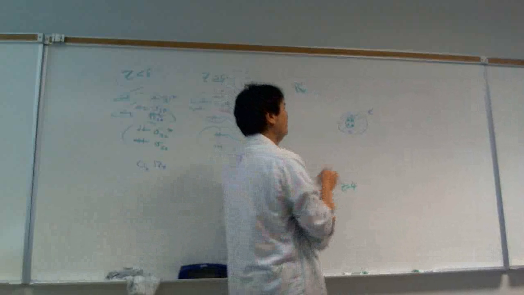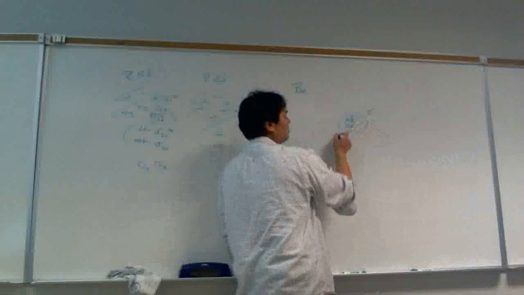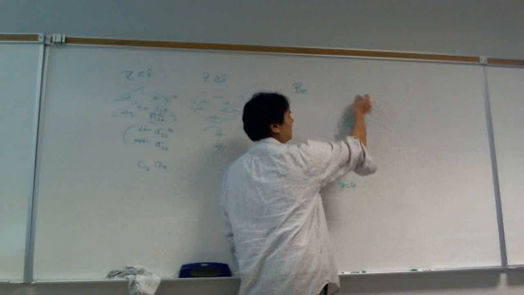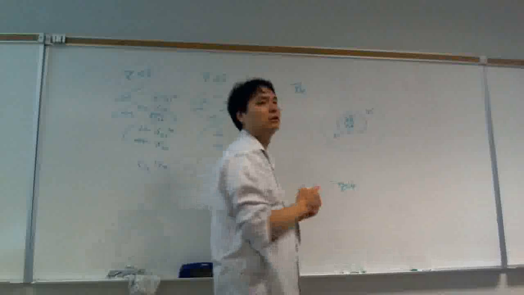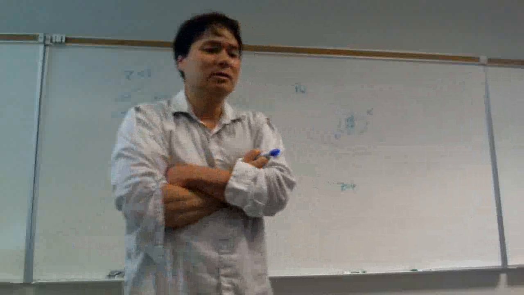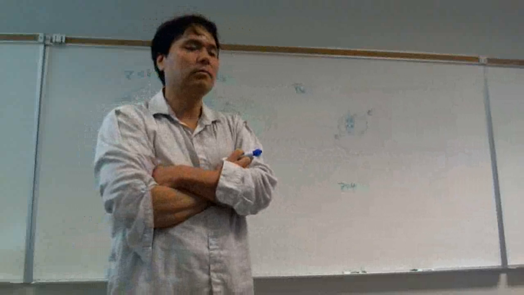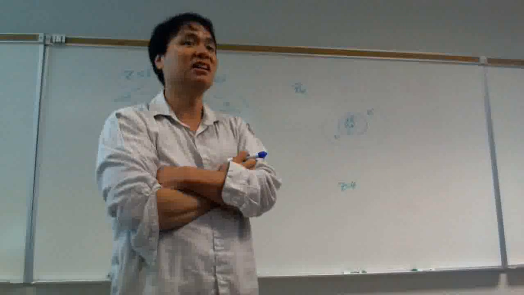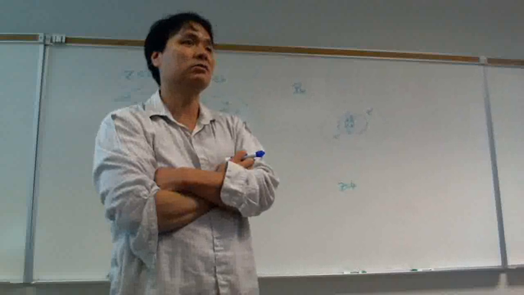Okay, now, if Z effective here is plus 2, we add another electron in the 2s orbital. What's that going to do? Well, we're going to go from a Z effective of about plus 2 to a Z effective a little bit less than 2.